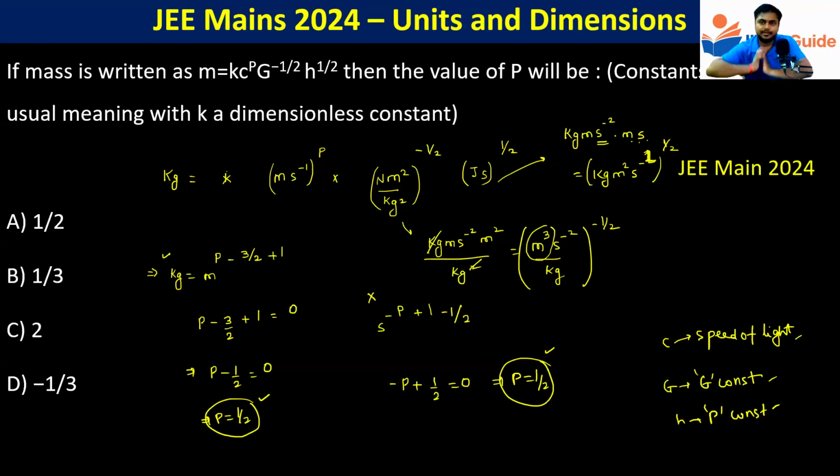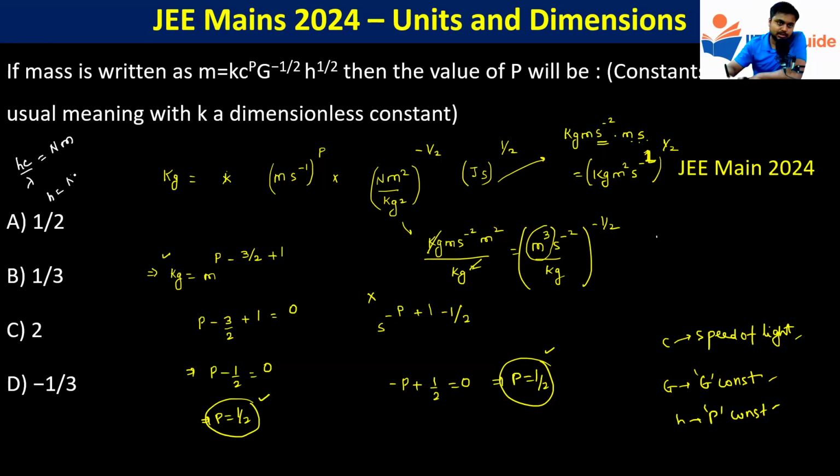h, as in modern physics we will read, hc by lambda is the energy. So from there we can get h, Planck's constant. Energy is Newton meter.